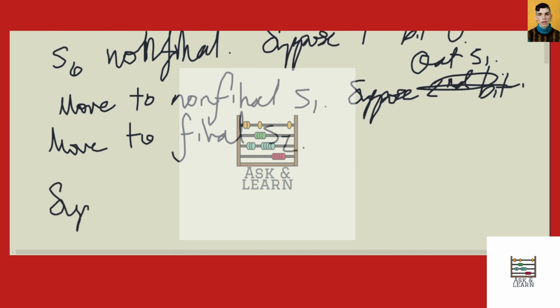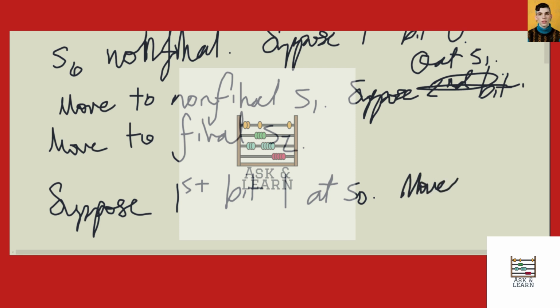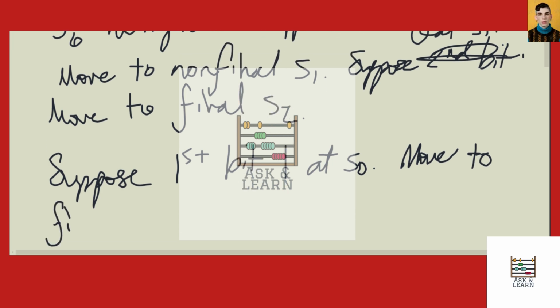Now, suppose instead that the first bit is a 1 at S0, then we're going to move from S0 to the final state S3. This was previously S4 in the deterministic model.